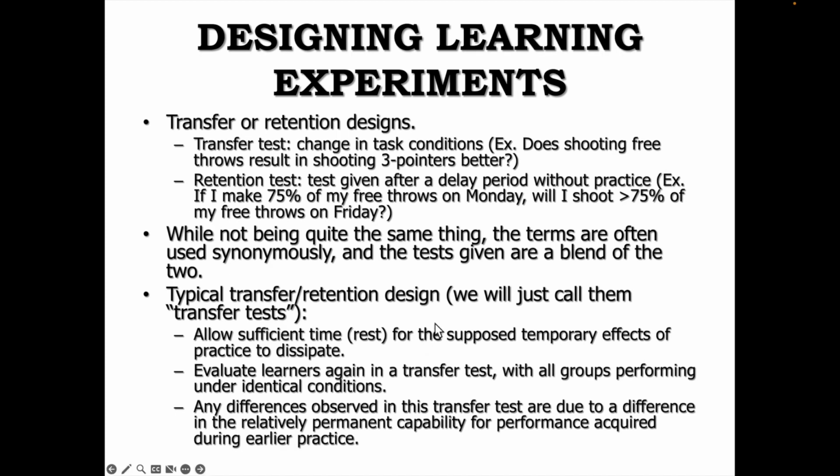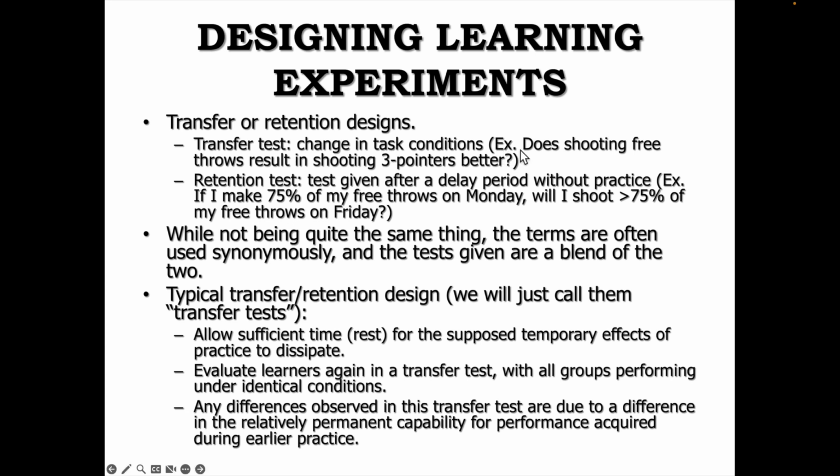So how do we design experiments to try to detect whether motor learning has occurred? We often do this in terms of transfer or retention designs. So we've got two different types of tests, and I would make a note of these somewhere in your notes. What a transfer test does is it looks at changes in a specific task's conditions.